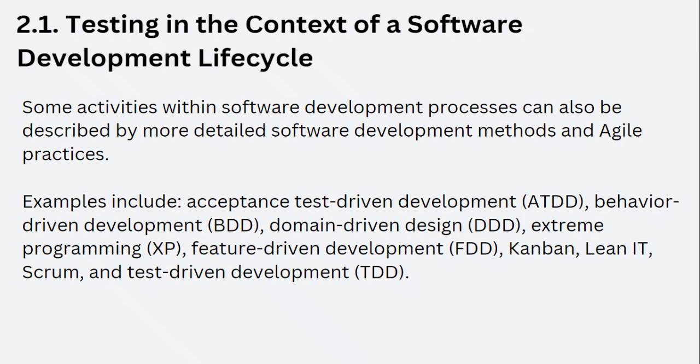Examples include acceptance test driven development, that means ATDD, and behavior driven development, BDD, domain driven design, DDD, extreme programming, XP, feature driven development, FDD, Kanban, Lean IT, Scrum, and test driven development, TDD. These practices and methods enhance the software development process, making it more efficient and effective.